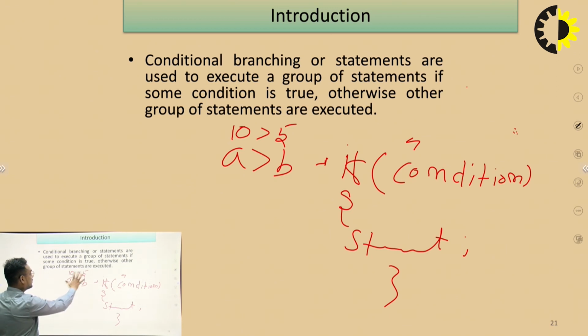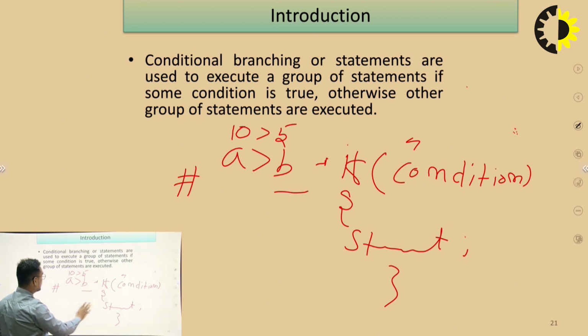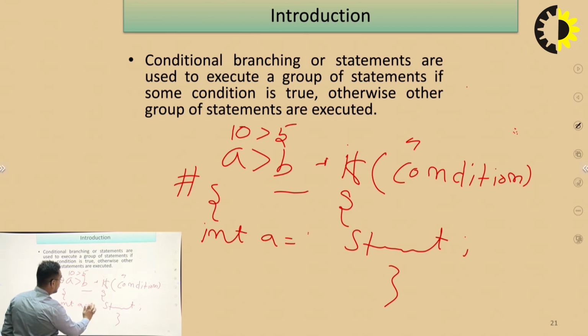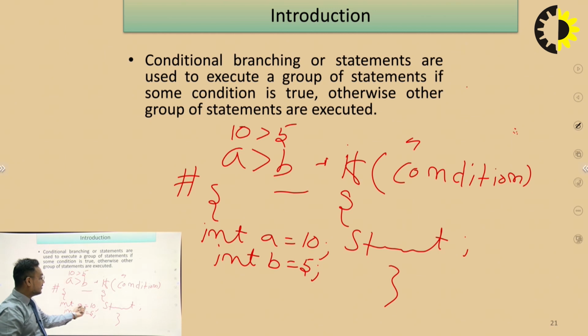Now, how to write this program? #include stdio.h, #include conio.h, void main, and then curly braces open. Then you write int A equal to 10 and int B equal to 5. A value is 10 and B value is 5.